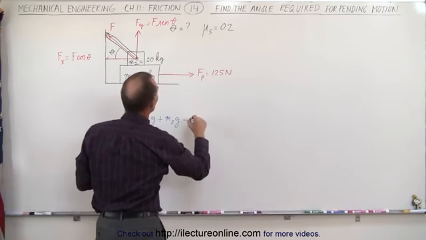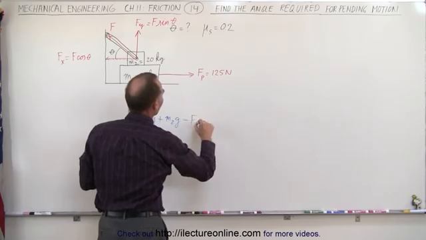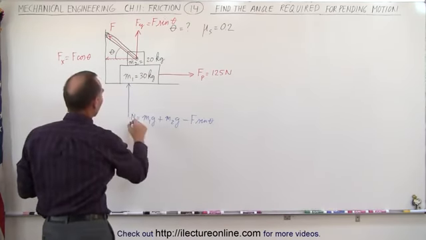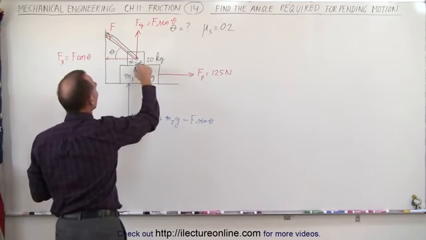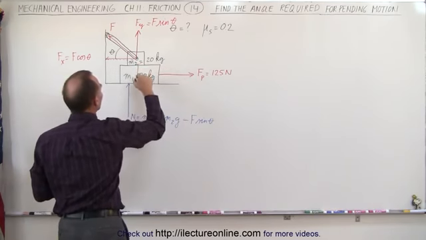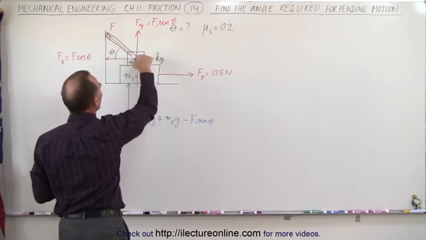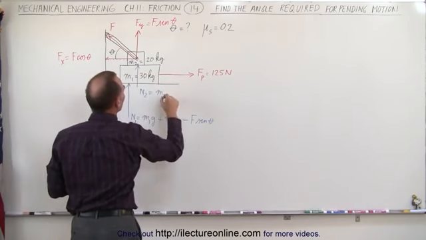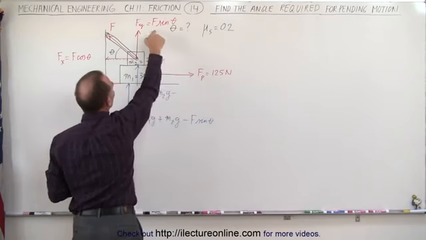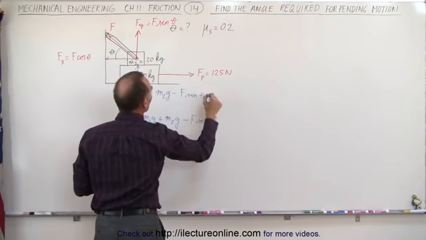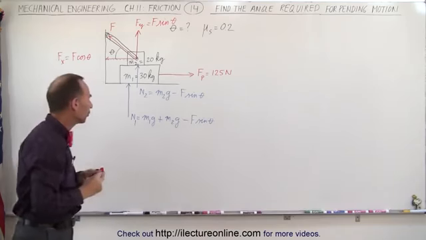There's going to be minus F sine theta. Then we have the normal force between the first block and the second block, let's call that N2, and that's going to be equal to the weight of this block, M2g, minus the vertical component, which is F sine of theta. So those are the two normal forces.